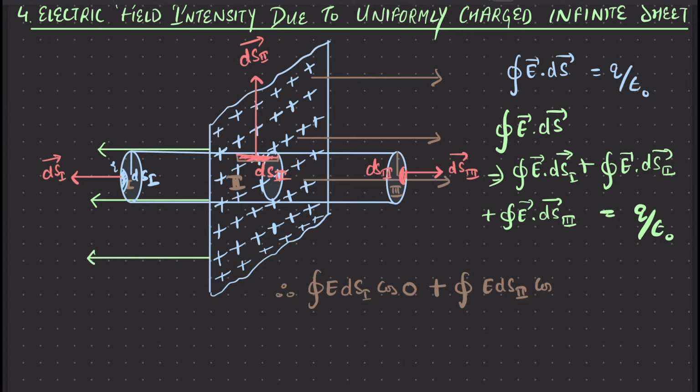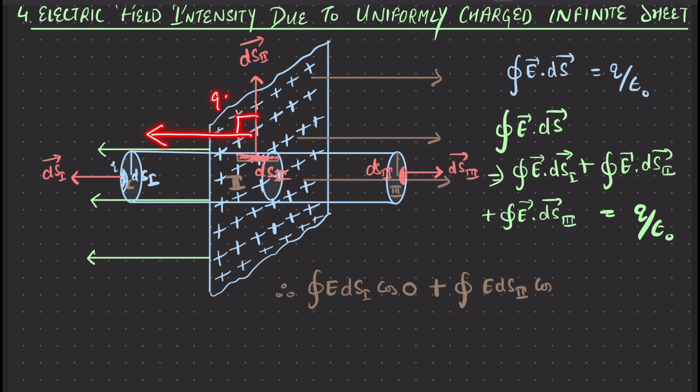In case of the second surface ds2, the area vector is pointing in the upward direction, but there is no electric field line leaving in the upward direction because the charge cannot exist over the edges. That is why the angle between ds2 and the electric field lines is 90 degree, whether we consider the electric field lines towards the right hand side or towards the left hand side.